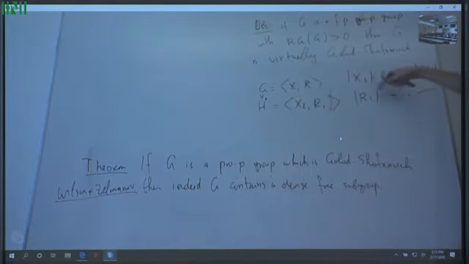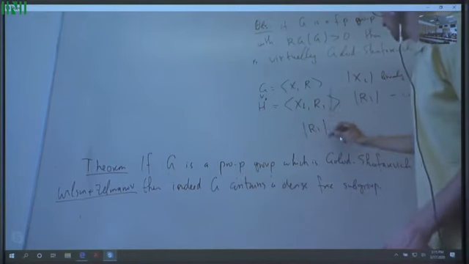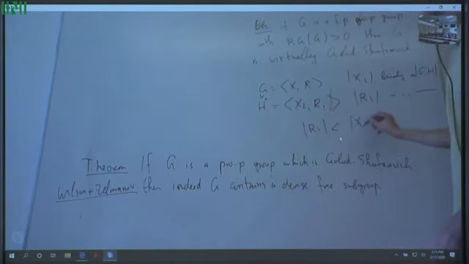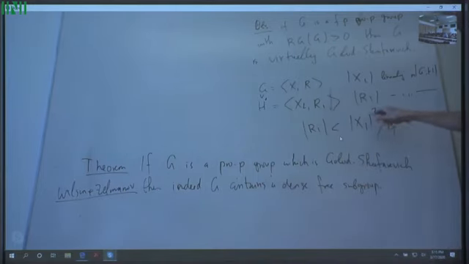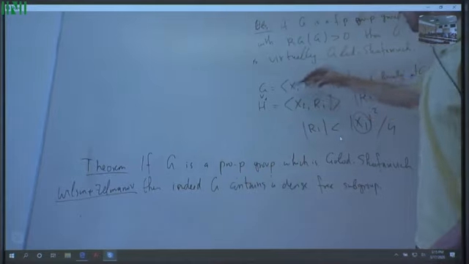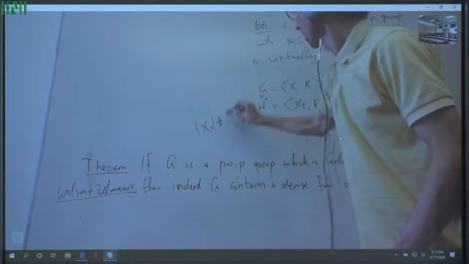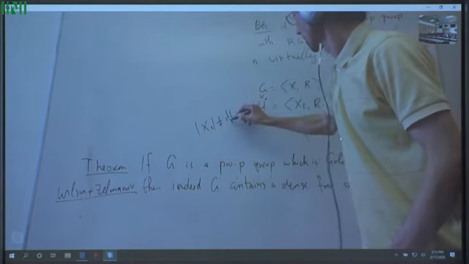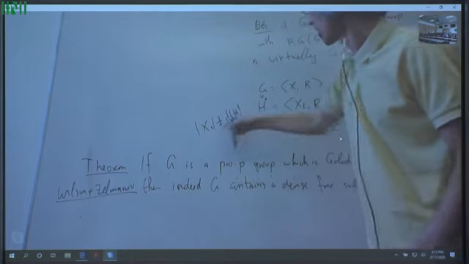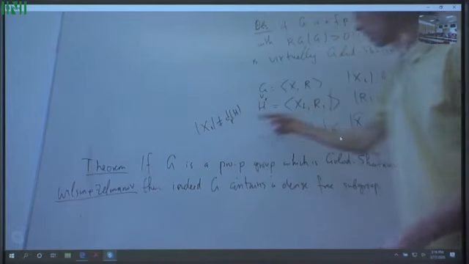But then if both quantities grow linearly, then eventually r1 becomes less than the number of generators squared over 4. But then you have to be careful, because x1 may not be equal to the number of generators of H as a pro-p group, because there could be a lot of redundancy here.